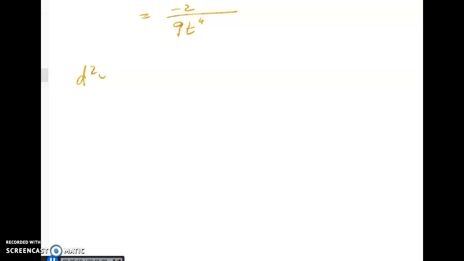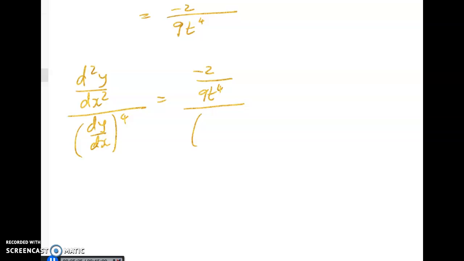All right, so d squared y by dx squared divided by dy by dx to the power of 4 is equal to the following. So it's negative 2 over 9t to the 4 divided by 2 over 3t to the power of 4, which is one big mess. So let's clean it up. So it's negative 2 times, well, what have we got here?